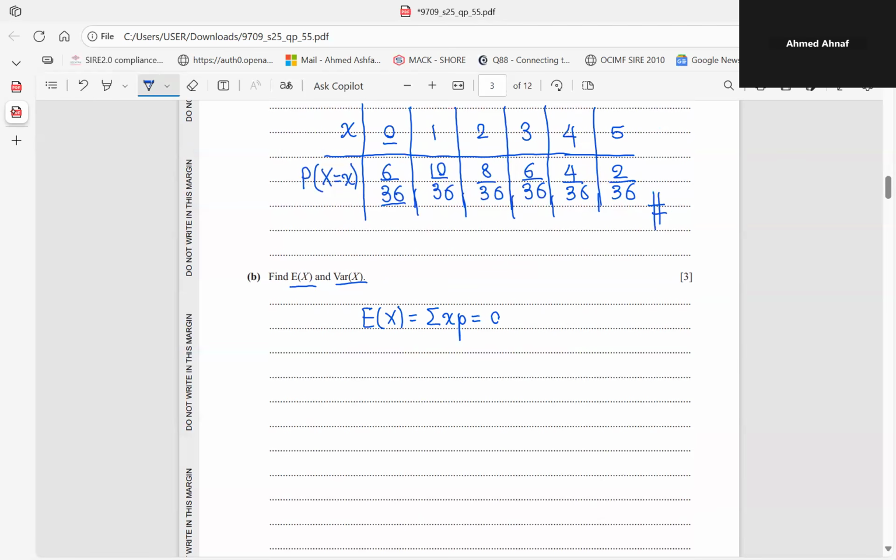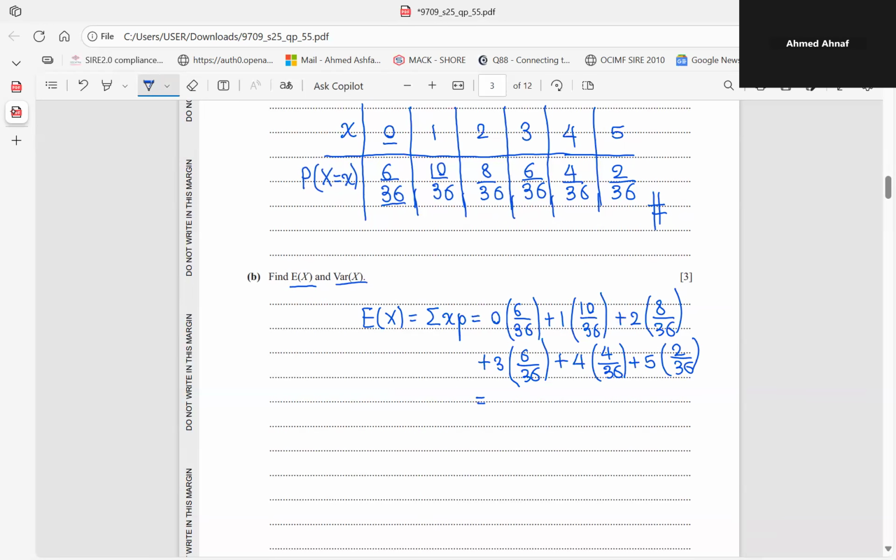So we multiply the x value 0 by its probability. Let's do for 1, so 1 times 10 over 36, plus 2 times 8 over 36, plus 3 times 6 over 36, plus 4 times 4 over 36, plus 5 times 2 over 36.